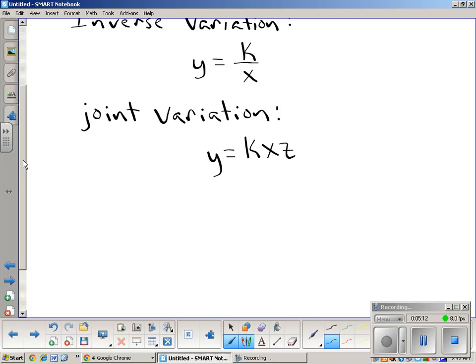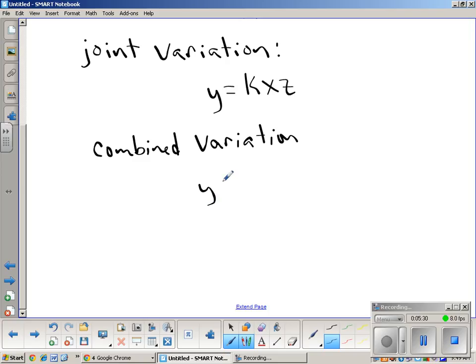Okay? And then the last one is combined variation. It's going to look like this. In a combined variation, we're going to mix a direct variation with an inverse variation.